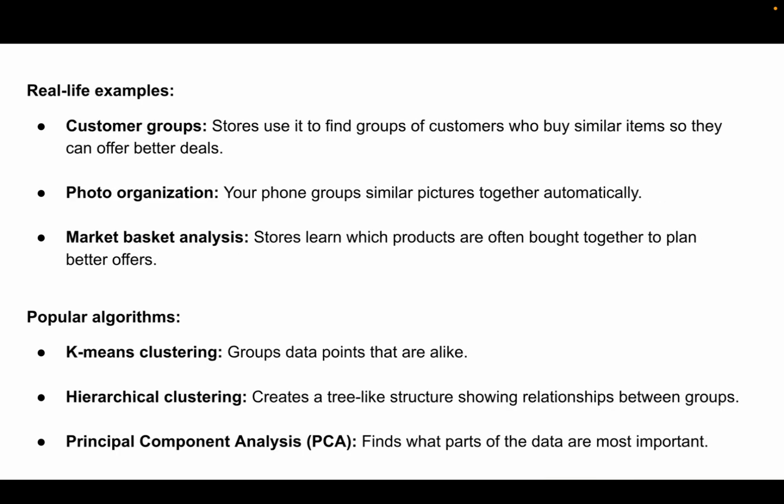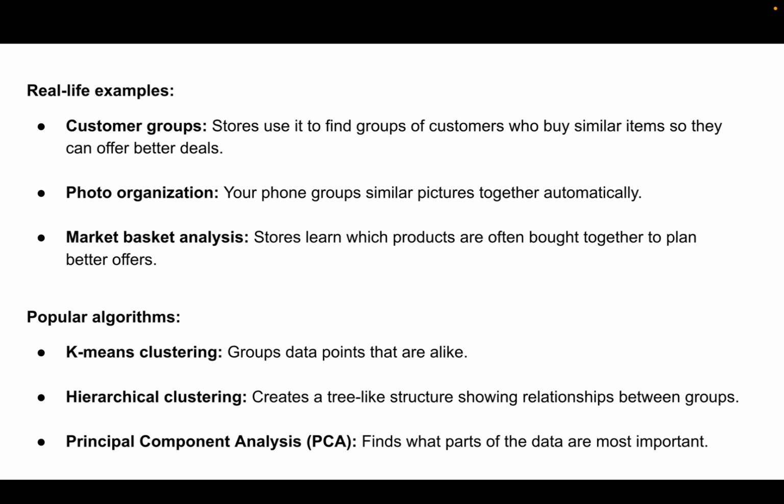Let's see some real-life examples that use unsupervised learning. Customer groups. We just saw the example of this one. Stores use it to find groups of customers who buy similar items so that they can offer them better deals. Now, photo organization. Your phone groups similar pictures together automatically.